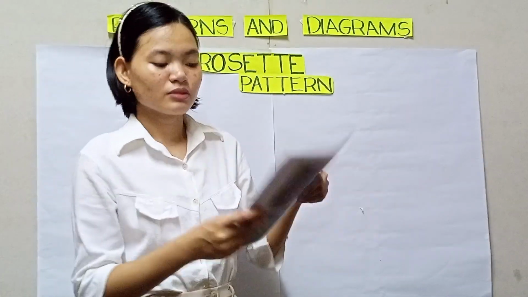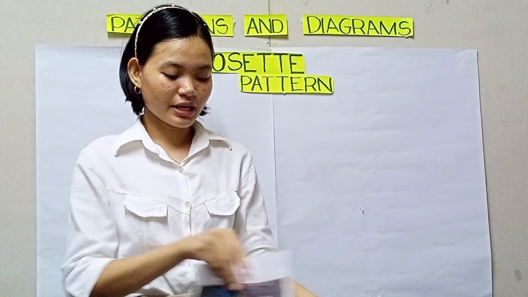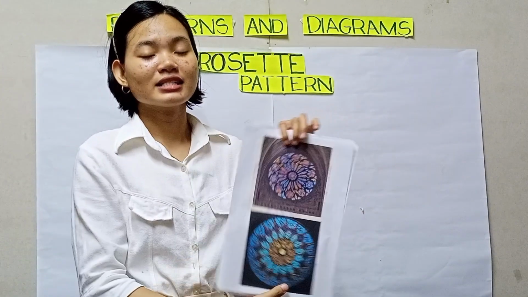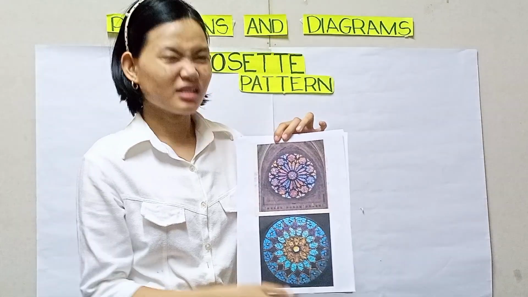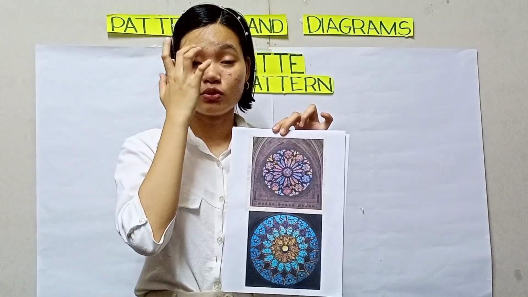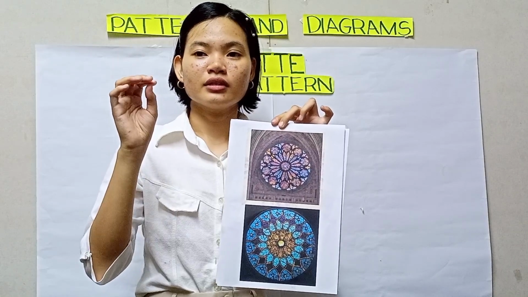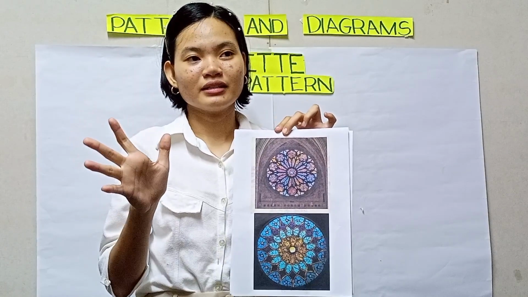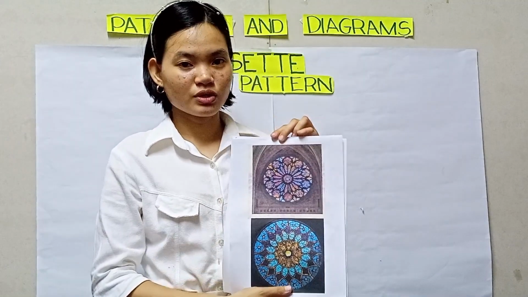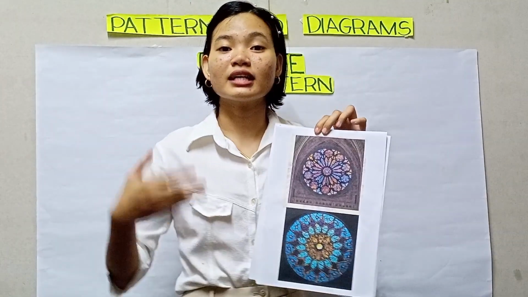So the next example that we have is called the rose glass tinted window. It is commonly found in churches and cathedrals, most commonly in Roman Catholic or devoted Roman Catholic nations, like Spain and Vatican City.